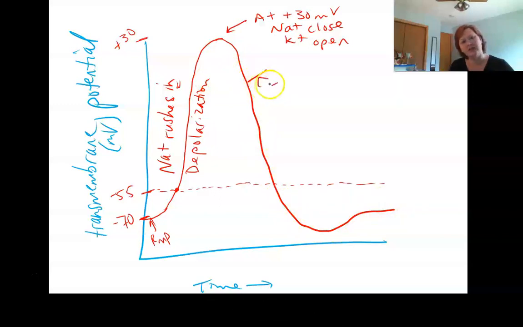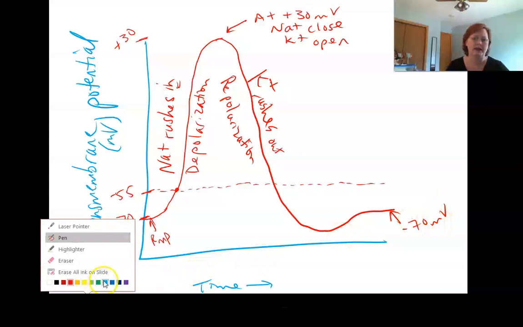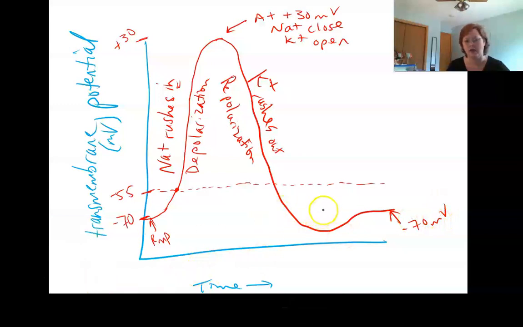As potassium rushes out, we called that repolarization. And eventually I'm going to end back at minus 70 millivolts. But notice that I did overshoot a little bit here. So now I'm down at about minus 80 millivolts, which means I am hyperpolarized. So this is hyperpolarization.